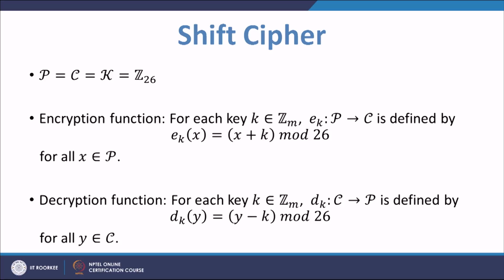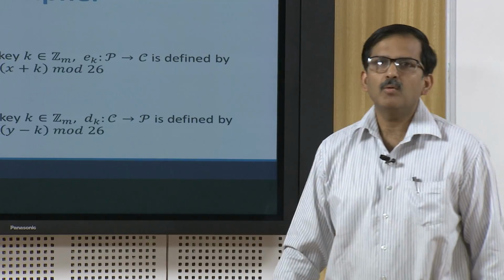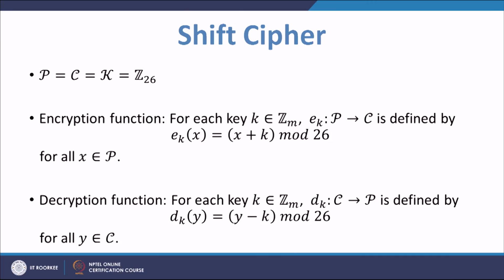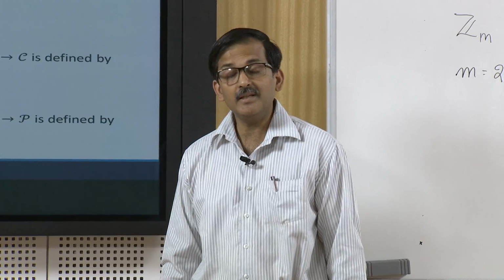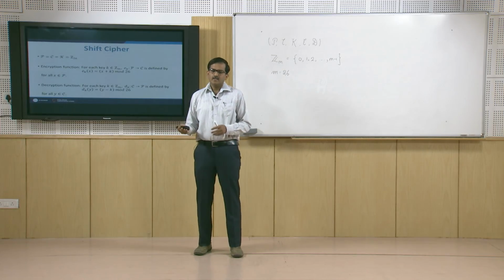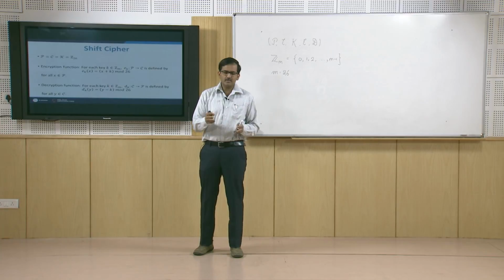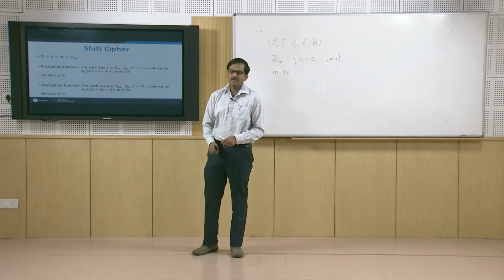So, our K is Z mod 26, which I am writing as Z mod m with m equal to 26, and the encryption function e_k is a function from P to C, which is defined by e_k(x) equal to x plus k mod 26 for all x belonging to the plaintext set P. That is the encryption function, and the decryption function is the inverse function, which takes encrypted letters back to the original letters.